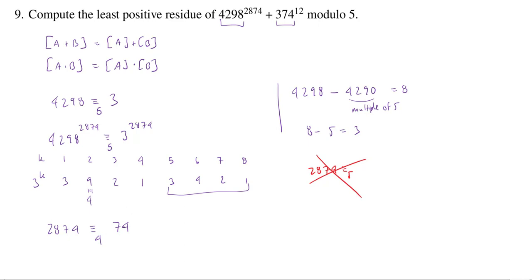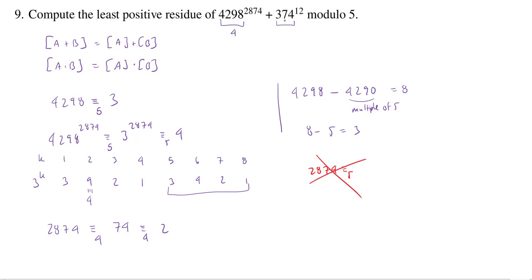Get rid of 32. Now I'm left with 2. So modulo 4, this is 2. So raising 3 to the 2,874th power is going to be the same as if I'd raised 3 to the second power, which means I'm going to get this congruent modulo 5 to 4. All right, so I get a 4 right here.